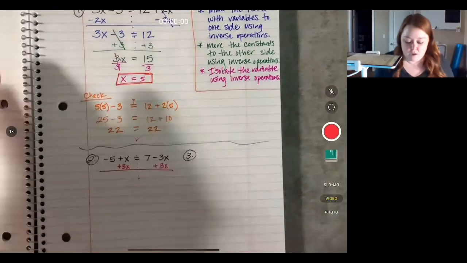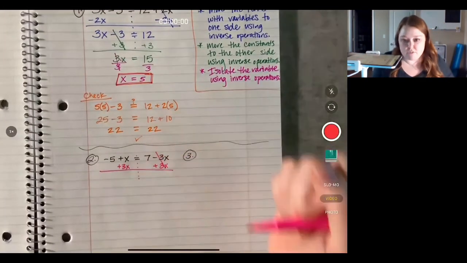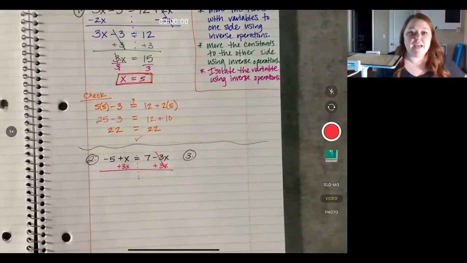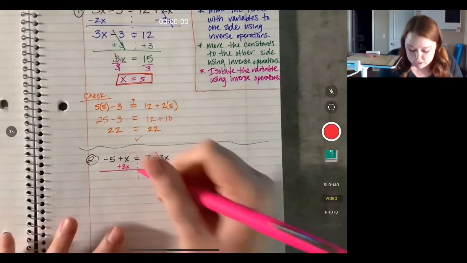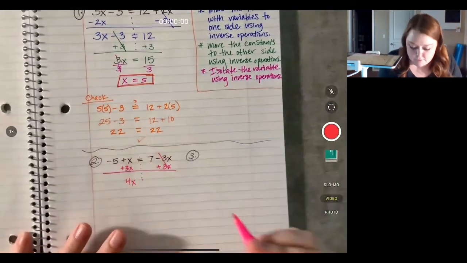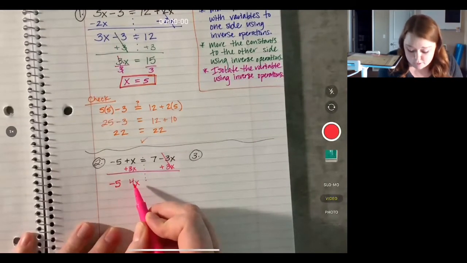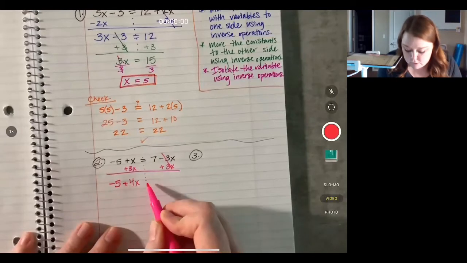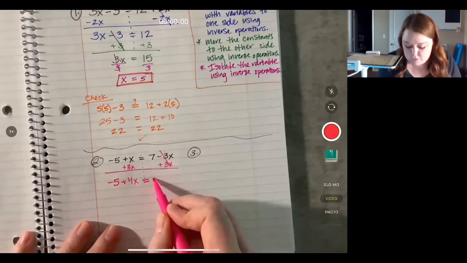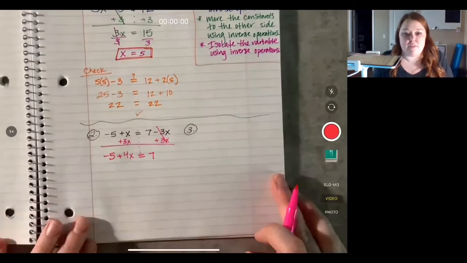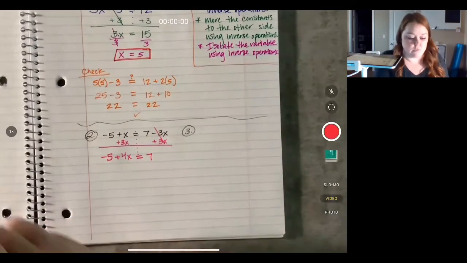Makes sense, right? So the 3x's over there, they cancel to 0. X plus 3x is 4x. And then I'm going to drop down the negative 5. This was a positive 4x, so I put a plus, equals, and then I drop down the 7. So now I have negative 5 plus 4x equals 7.